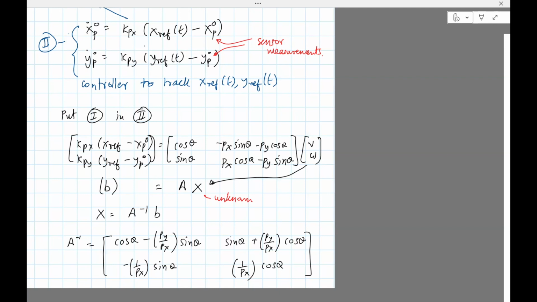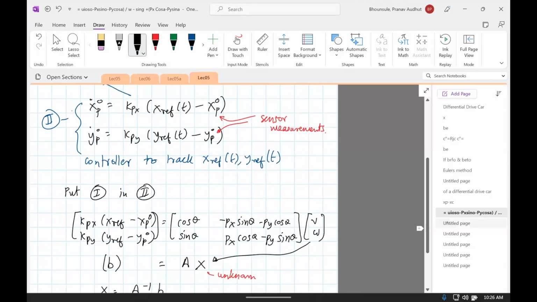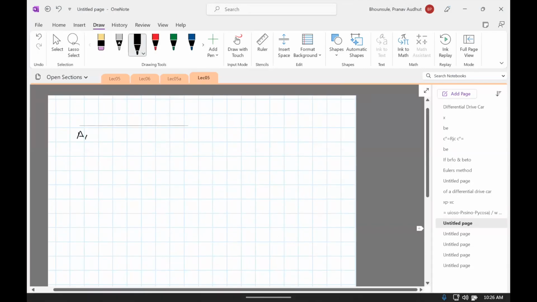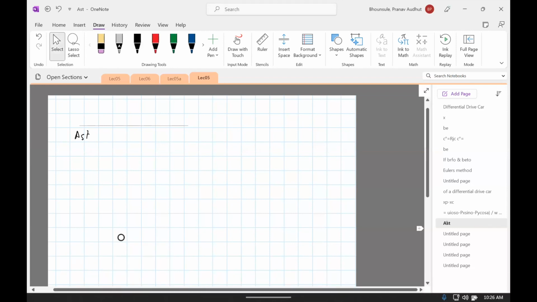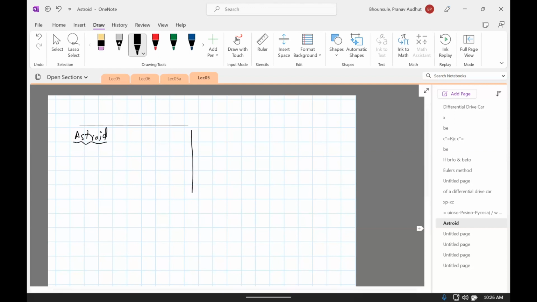Let's do a different curve. Let's do an asteroid, which actually looks something like this.